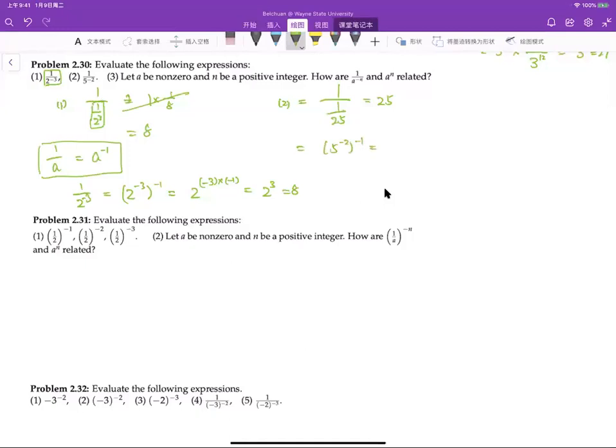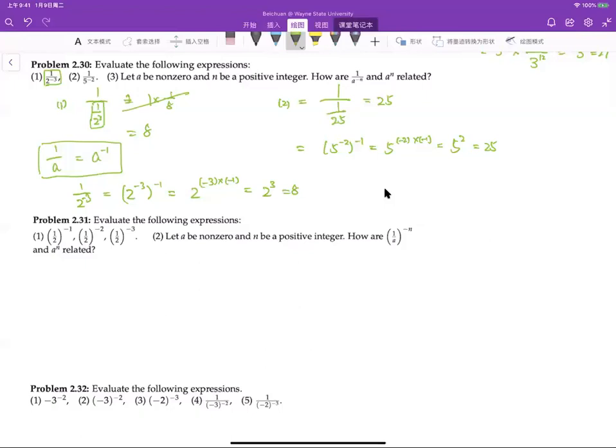Then this is equal to 5 to the negative 2 times negative 1, which is 5 squared. So you can use either one to calculate it, it's up to you. But the point is to get familiar with the properties of the exponents. I know it's confusing sometimes, so that's why you need to practice and get familiar with them.